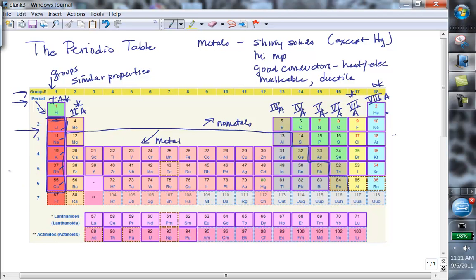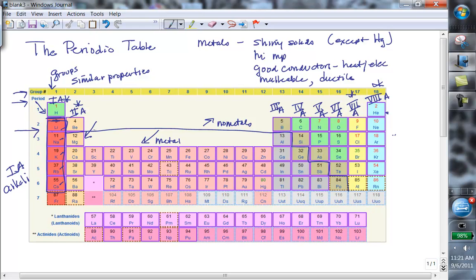And as a group, group 1A is called the alkali metals because a lot of their compounds will be basic or alkaline in solution. And again, they're very active metals, and in fact, later in this module, I have some videos for you to watch of how active they are. They all react with water at room temperature.